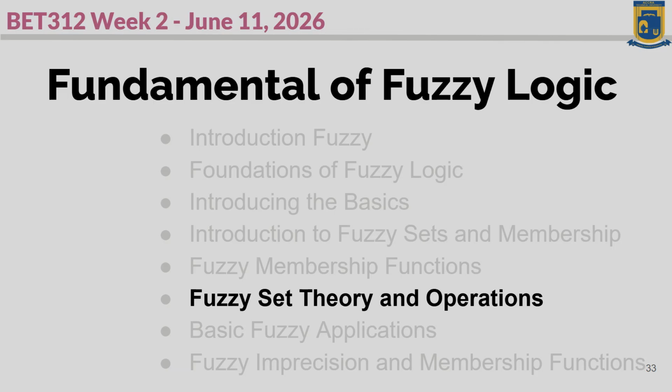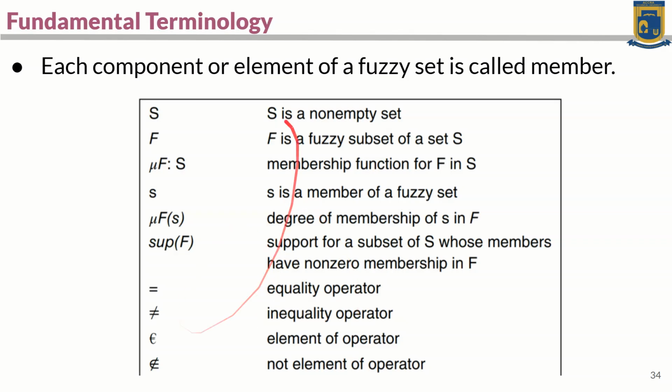If it is 0.5, it means it's partially a member and partially not a member. The same approach that we use in the classical setting, we're going to use here, but pay attention to how it is done, because in the exams you have questions based on this.